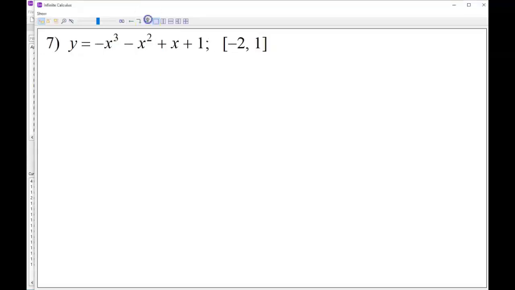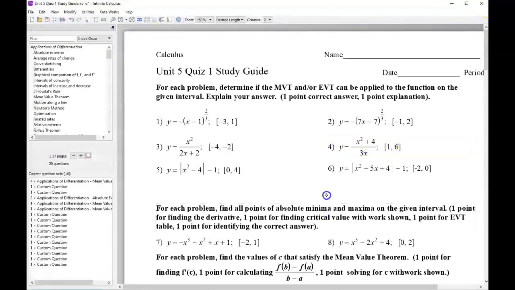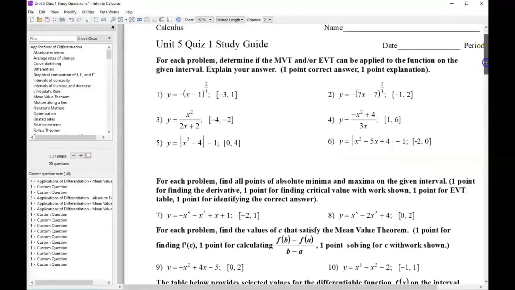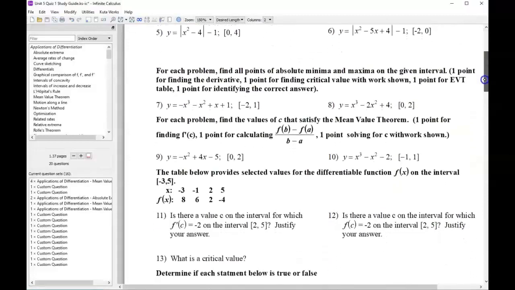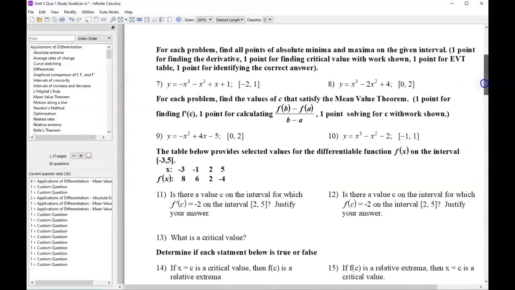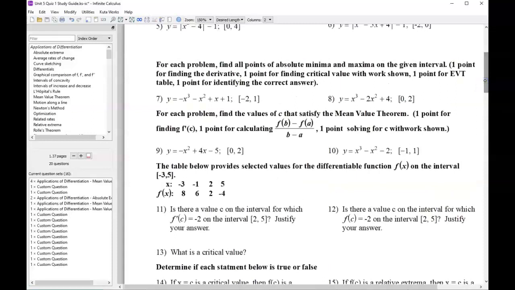Anyway, let's go ahead and move on to number 7 here. I need to get out of here so we can actually see the instructions. What do they want us to do on number 7? Number 7 says, for each problem, find all the points of the absolute minima and maxima on the given interval.